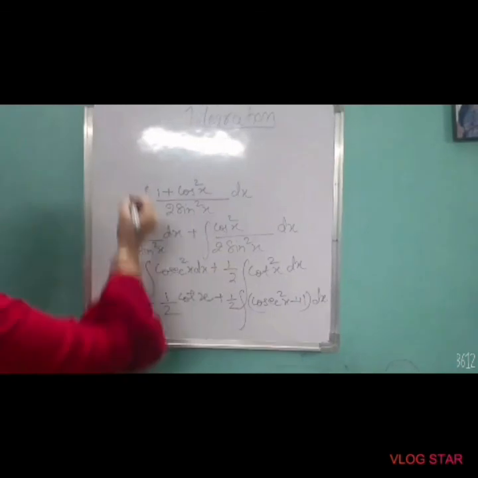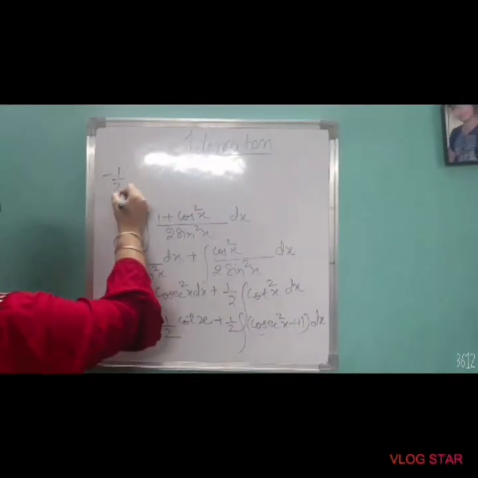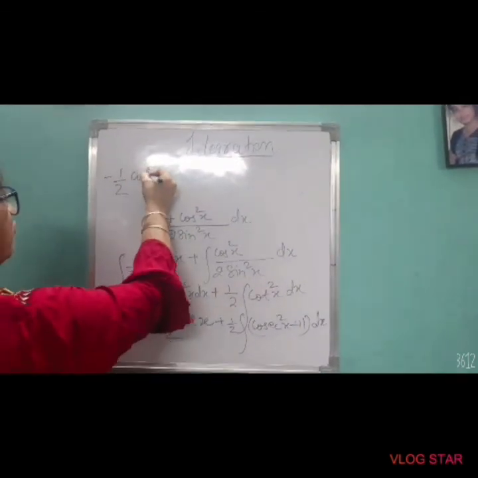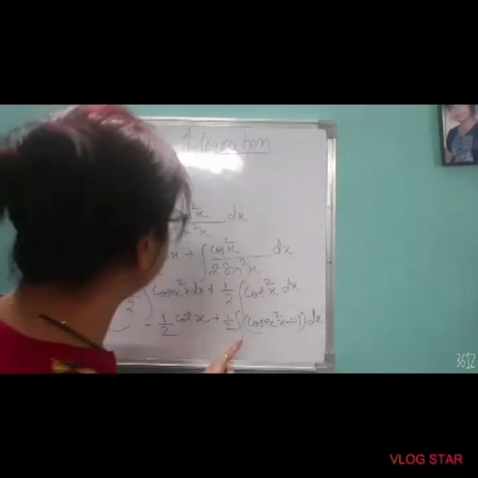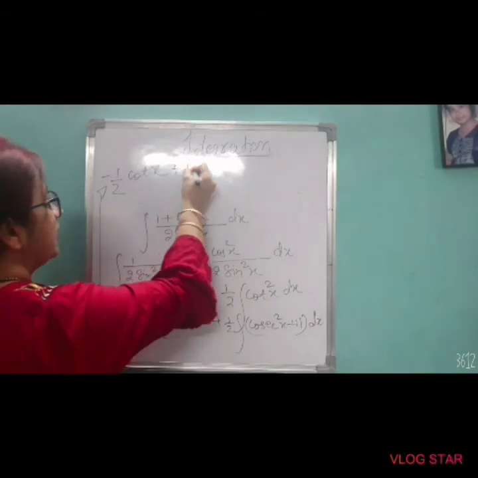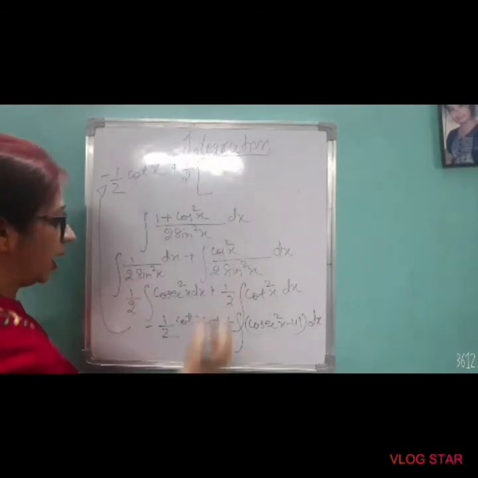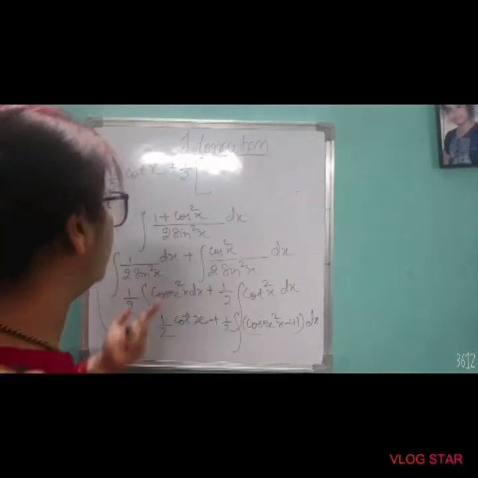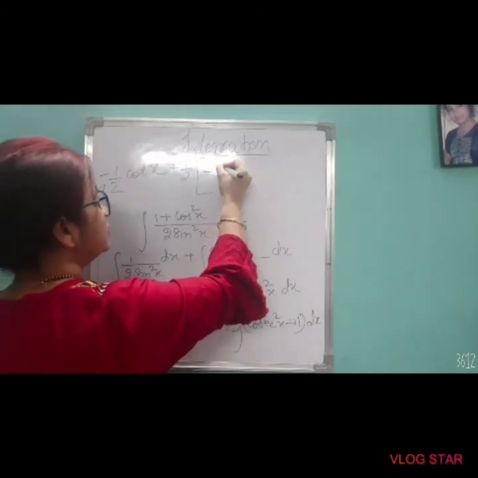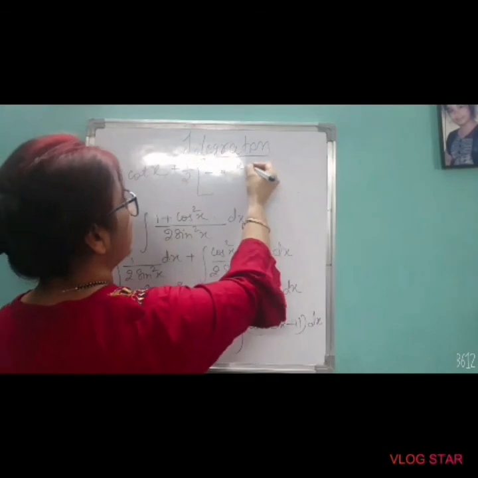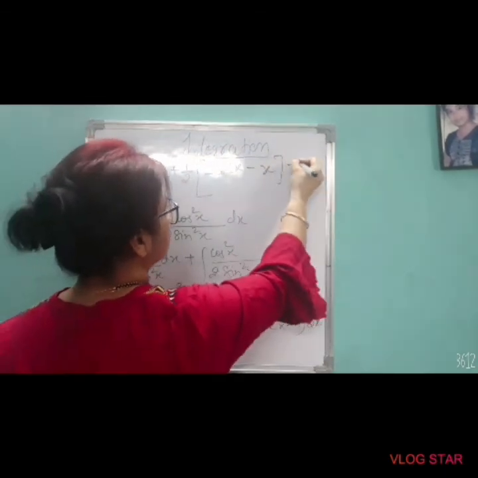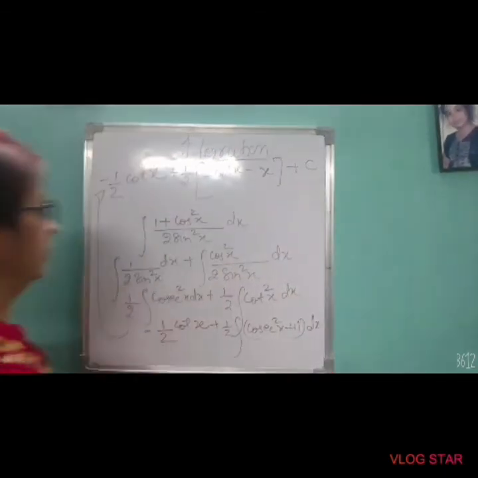Understood? Now I did the integration of the first part. Now plus half, I am keeping it out only. Now I am integrating cosec square, which we did just now, so it becomes minus of cot x, and plus x minus 1 becomes minus x plus c. It's done.